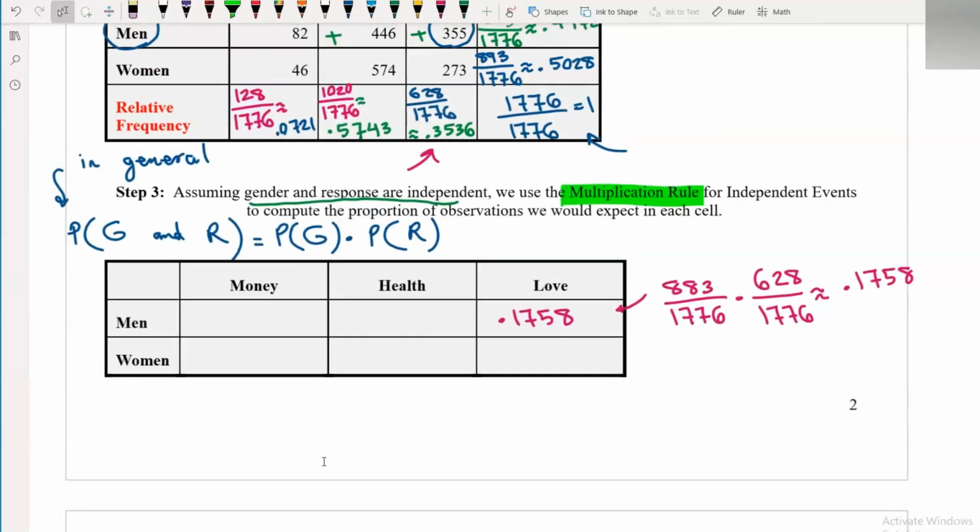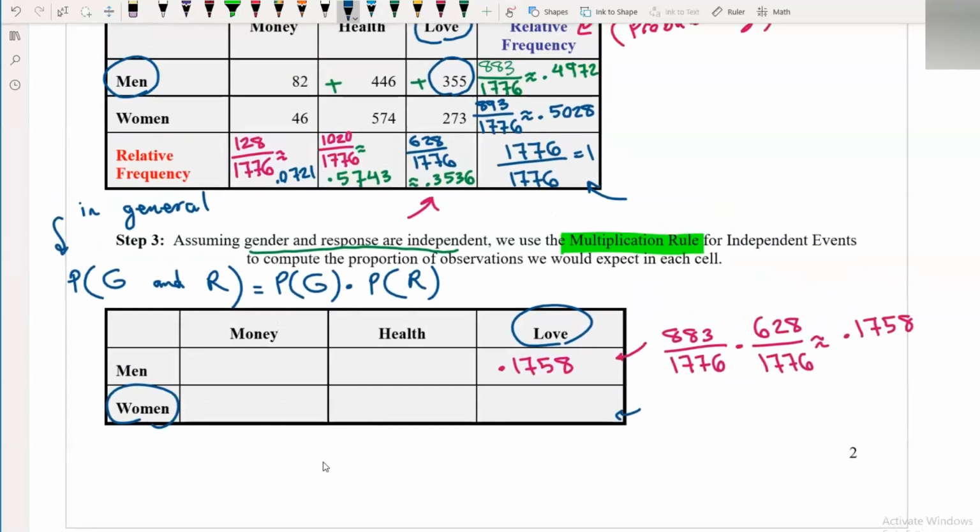Okay, so I'm going to continue on this part. This one now is women, love. For women, we have 893 divided by the total. This is the probability of women multiplied by the probability of love, which is 628. And my answer is 0.1778.